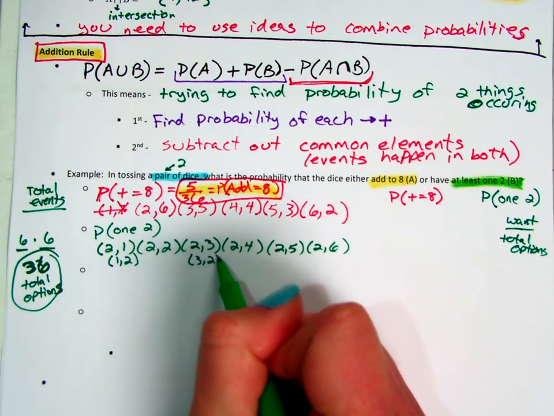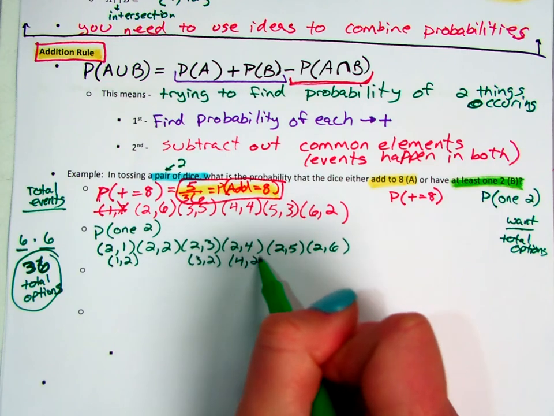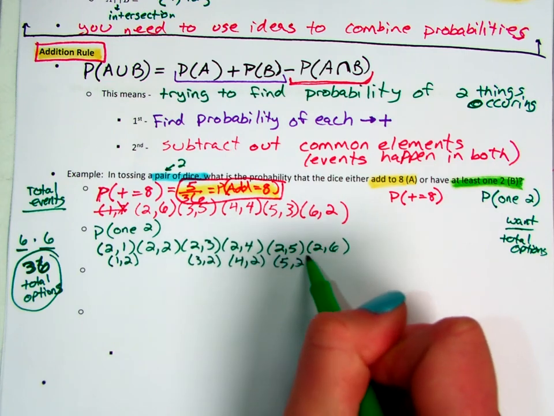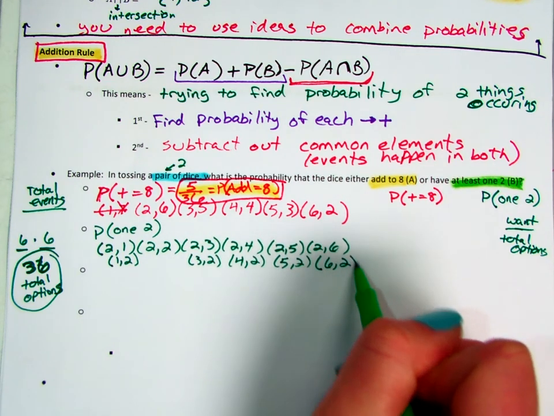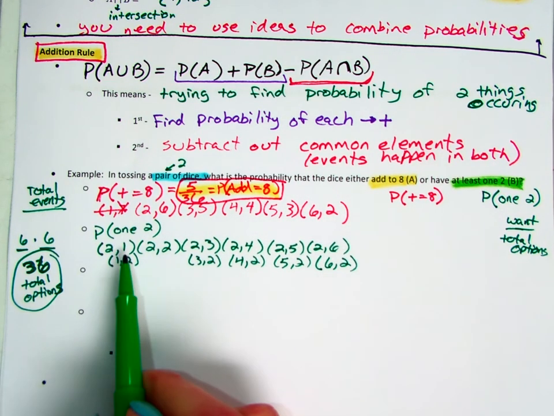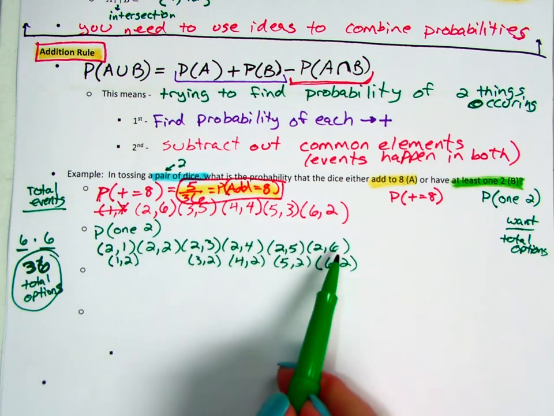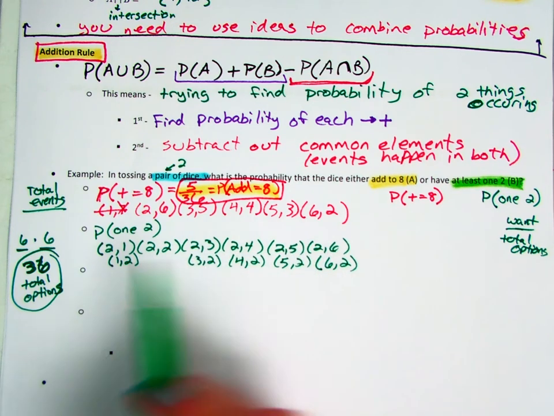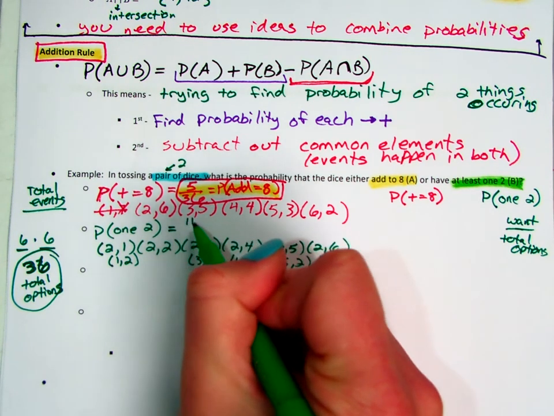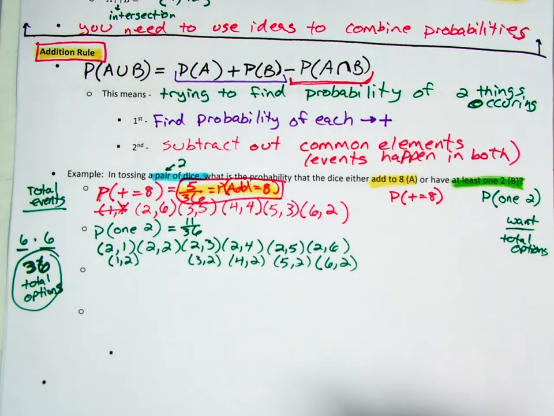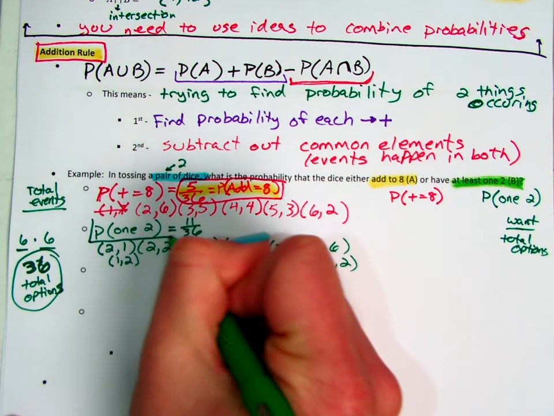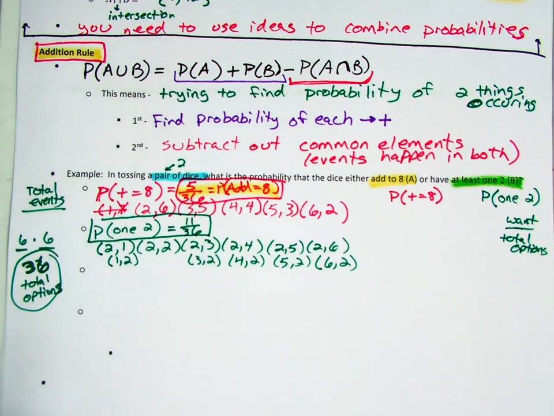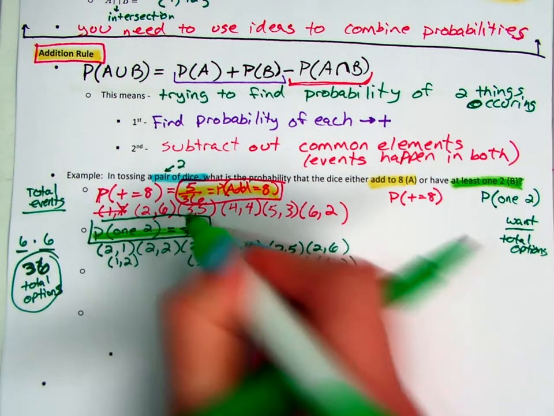Then 3 2, 4 2, 5 2, and 6 2. So these are all the ones that have a 2 in it. So 1, 2, 3, 4, 5, 6, 7, 8, 9, 10, 11. So there's 11 out of 36 ways to get one of them to be a 2. So here's my second probability. This is that one up here that we were trying to find.